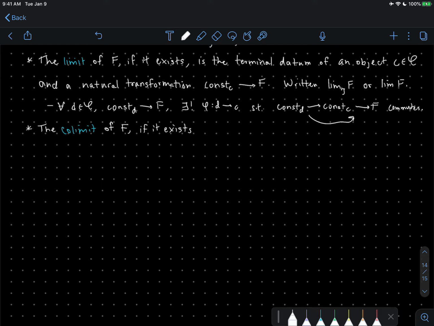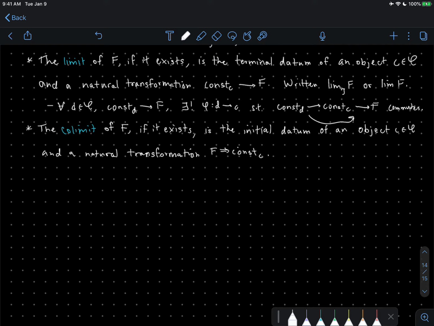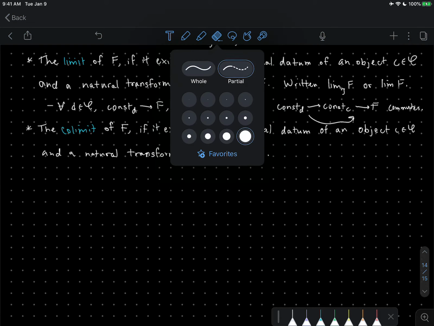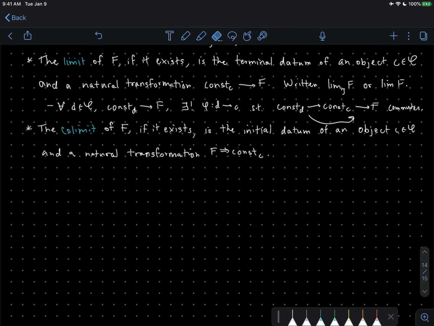The colimit of F, if it exists, is the initial datum of an object C in C, and a natural transformation from F to the constant functor at C. Why did I just dot the O in constant? That was silly. Let's not do that.